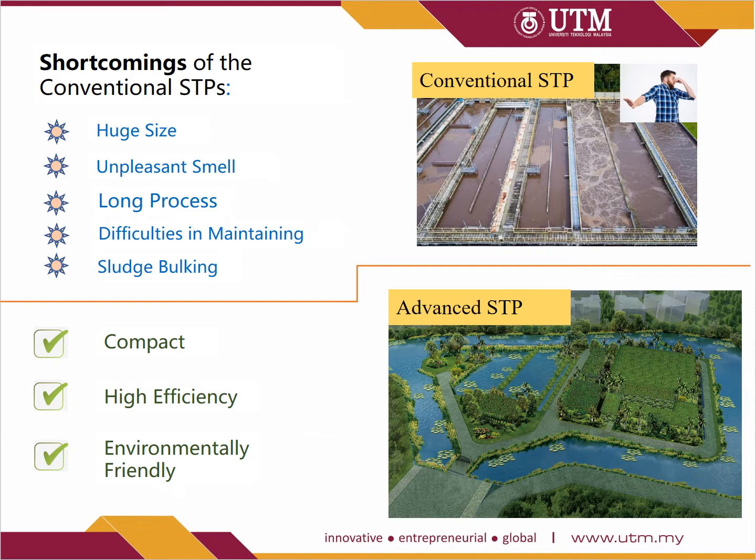So today we will learn about a range of conventional sewage treatment plants, which suffer from huge size, unpleasant smell especially during the raining season, and difficult maintenance. Also, there is a lot of sludge bulking, meaning that the sludge volume is very large as compared to more advanced STPs, which have the concept of being compact, high efficiency, and environmentally friendly.